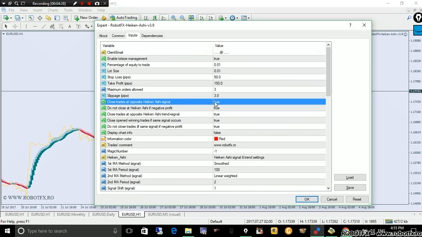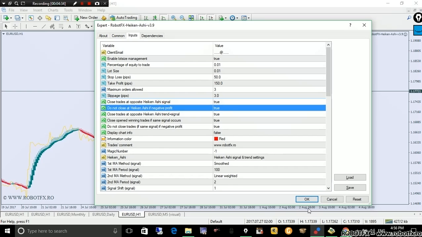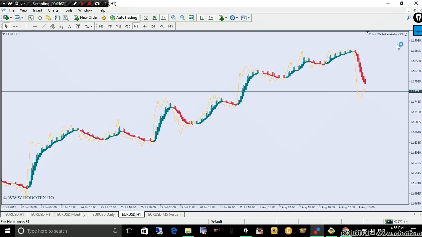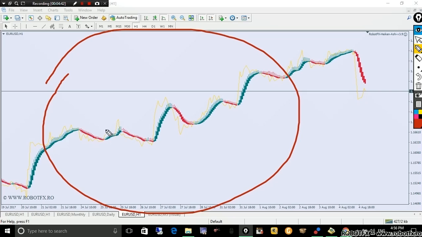Related to this option, if set to true, there is the second one. Do not close at Heiken Ashi if negative profit. That means that the Expert Advisor, I think this is a good example where this might happen.